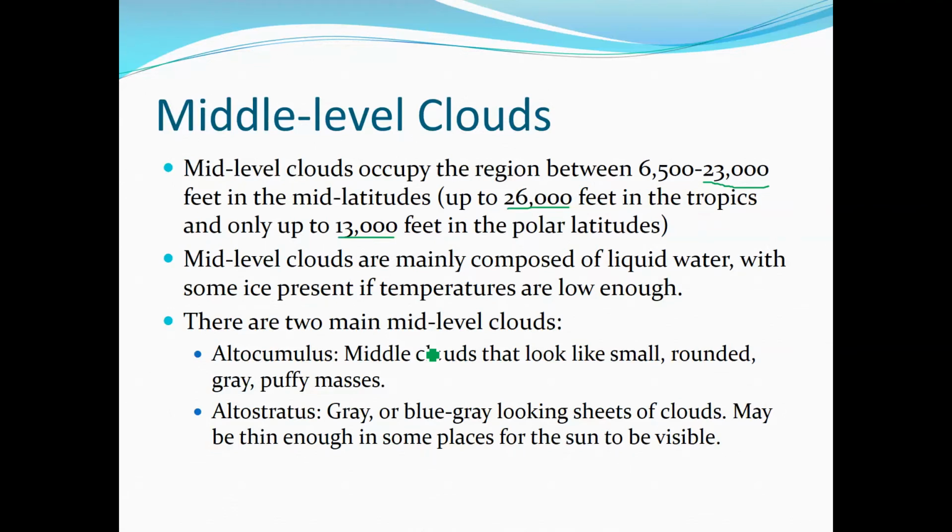And then altostratus, that's just a sheet of mid-level clouds. Now usually, once we get up into the middle levels, these clouds aren't very thick. And in many cases, sunlight can still shine through. And in fact, in the case of an altostratus cloud, the sun may even still be visible.